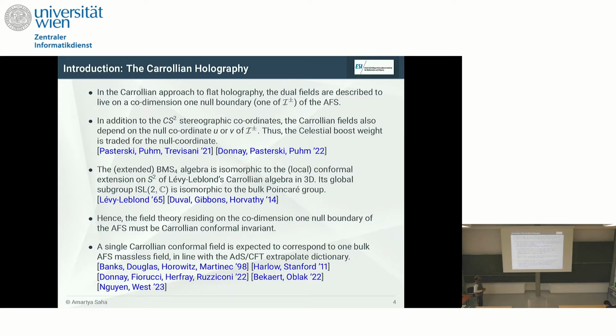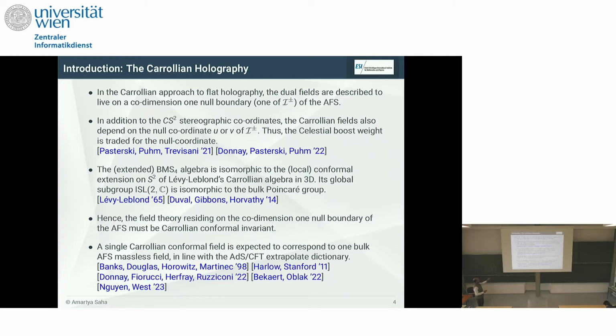So, Carrollian holography. Carrollian holography is codimension 1, and it is closer to our well-known AdS/CFT. Here, in addition to the two stereographic coordinates, the Carrollian conformal fields also depend on a null coordinate. So in some sense, the celestial continuous boost weight has been traded for the null coordinate.